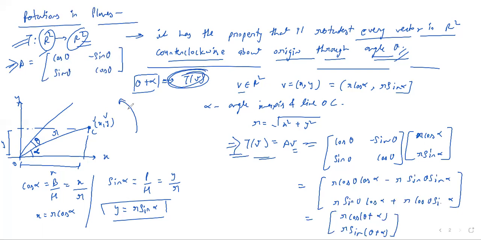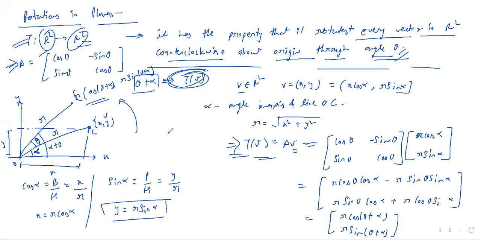You can see that it is moving counterclockwise because this whole angle is alpha plus theta. This is our new vector. The length of this vector remains the same, it is moving counterclockwise, and the new vector is r cos of theta plus alpha and r sin of theta plus alpha.